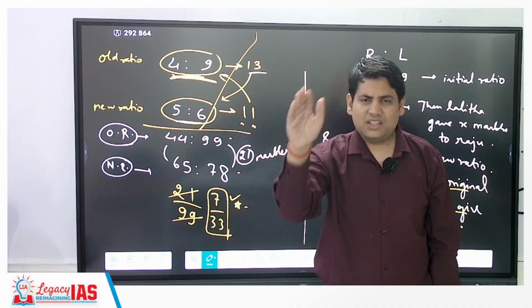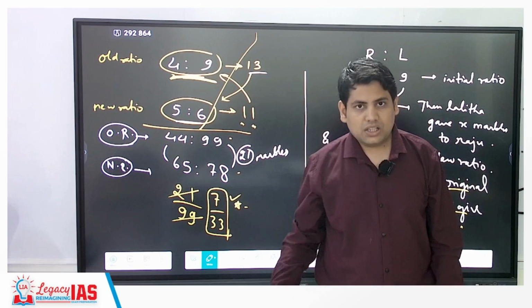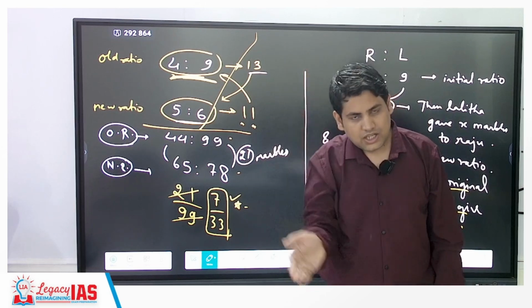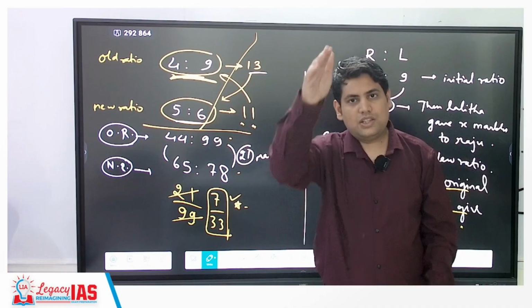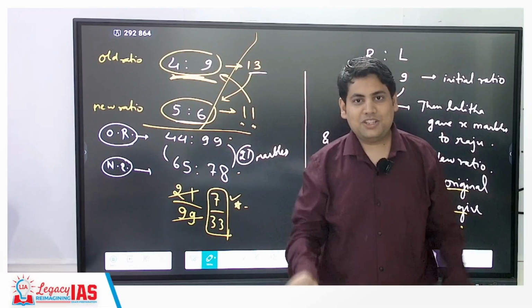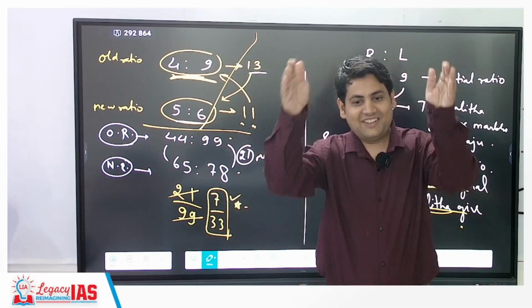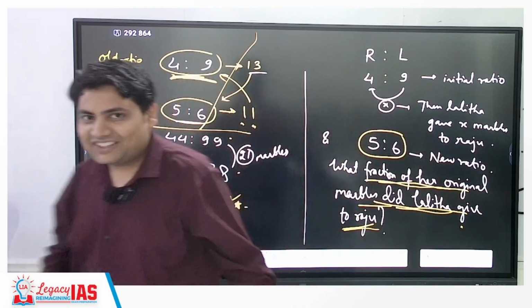Increase or decrease does not matter. In the third one, this is decreasing and this is increasing by the same quantity. So these are the three types that you have.